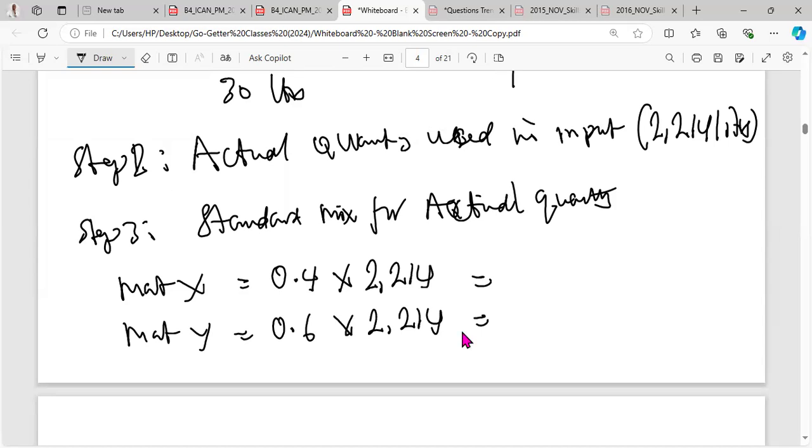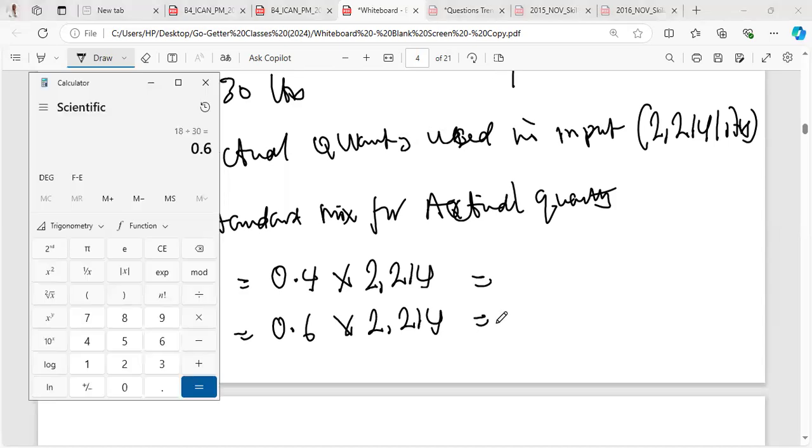So for the person who was asking me to take it again, this question affords us opportunity to take it again. I have 0.6 in my calculator. If I multiply by 2,214, I have 1329. Let me use it the way it is here: 1328.4.